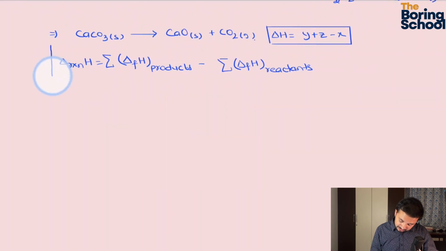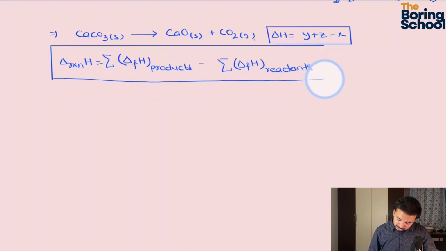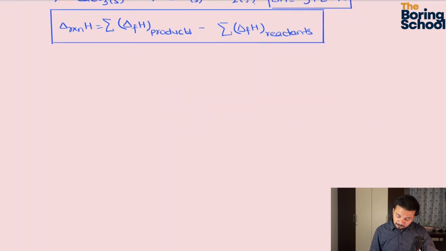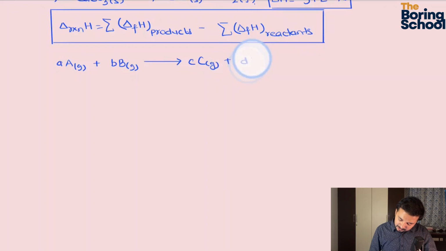Now, this is the formula which we can also use to solve the questions if heat of formation is given in the question. Now, let me give a general expression. Let's say we are having a reaction a times A gas plus b times B gas, giving us c times C gas plus d times D gas.